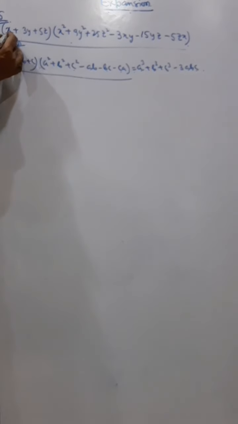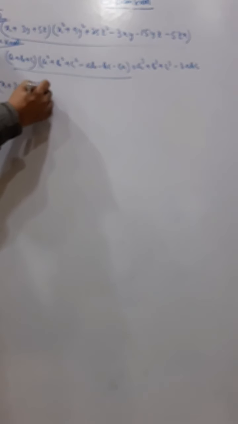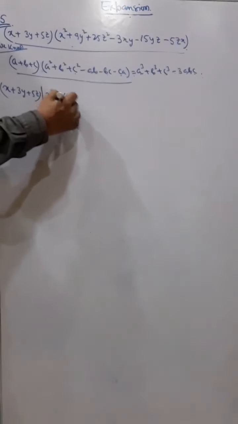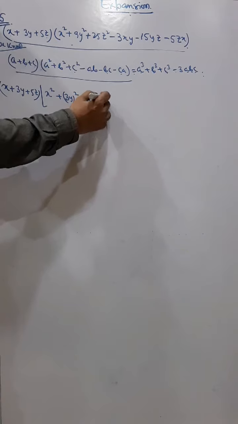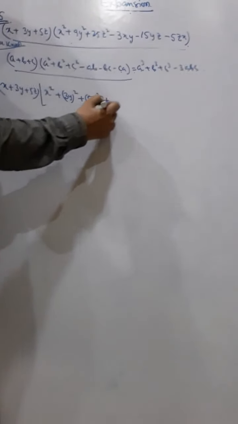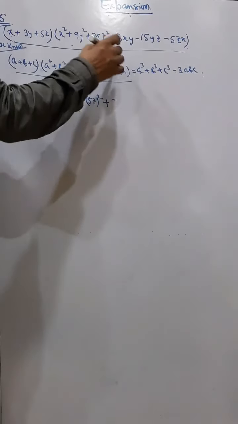So you see, this is a, this is b, this is c. So you have a plus b plus c, and then you have a square, b square, c square, a square plus b square plus c square, then minus ab, bc, ca.